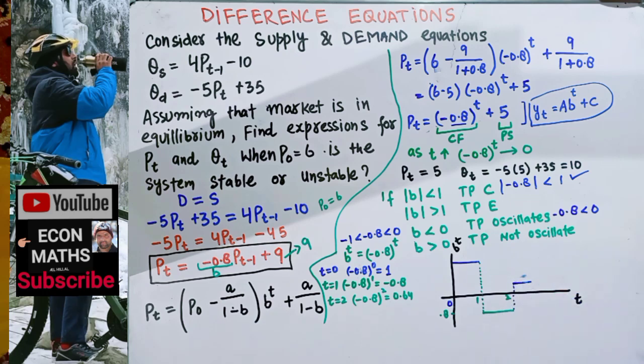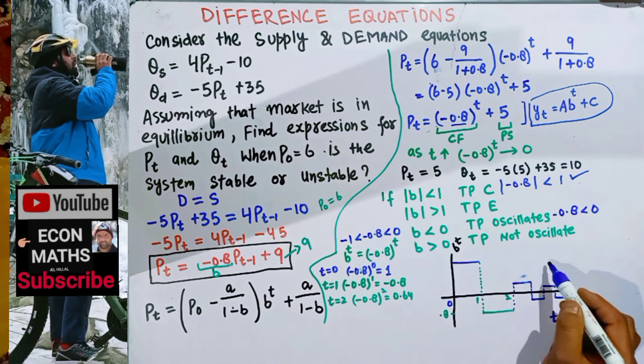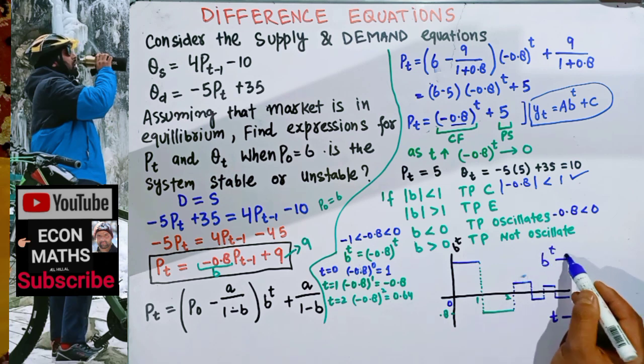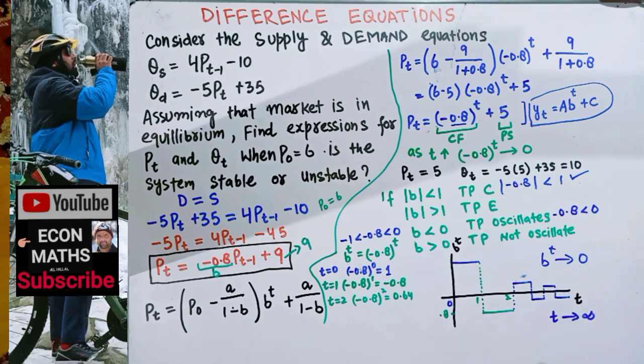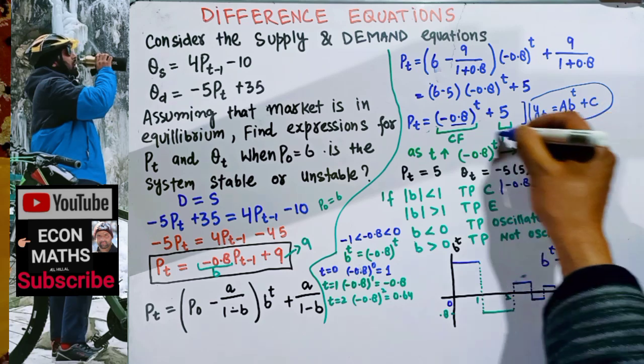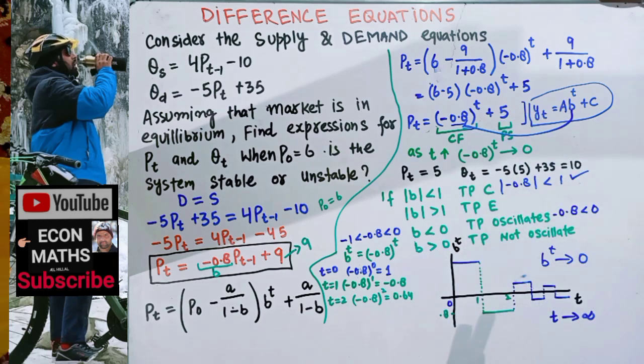And so on, it will go like this. It will shrink, and here we can see as t approaches infinity, b^t approaches 0. So it all depends upon this base b. This is how we solve a difference equation and its economic applications. Thank you.